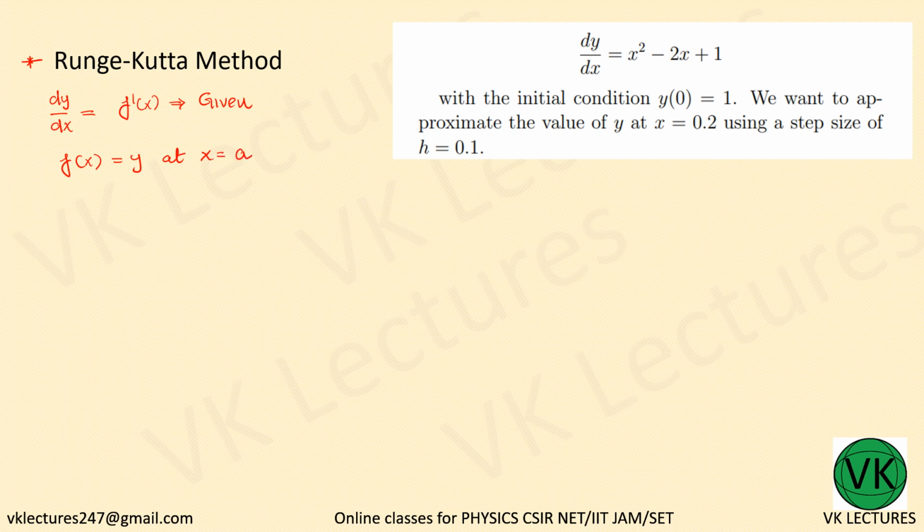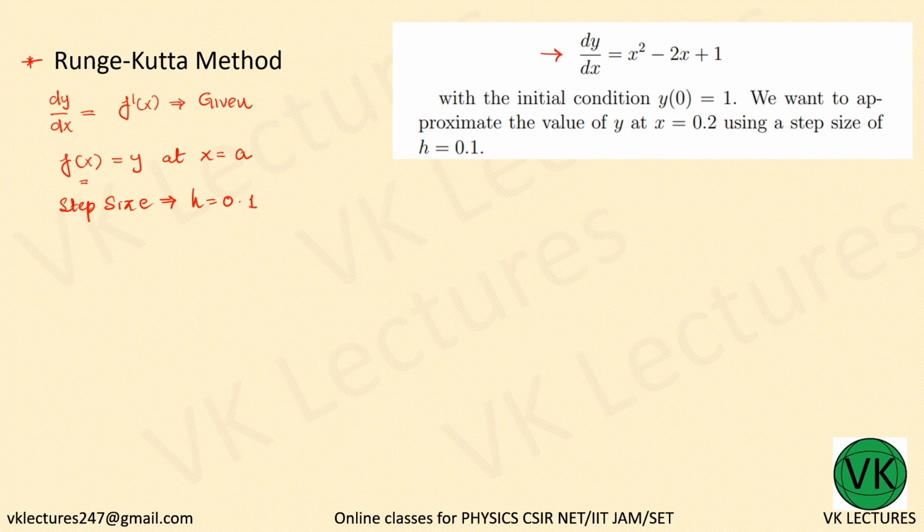So the question here is, we are given the first derivative of y with respect to x as x square minus 2x plus 1, with the initial condition y of 0 equal to 1, and we need to approximate the value of the function y, that is f of x, at x equal to 0.2. Here x equal to a, and the step size is also given: h equal to 0.1.